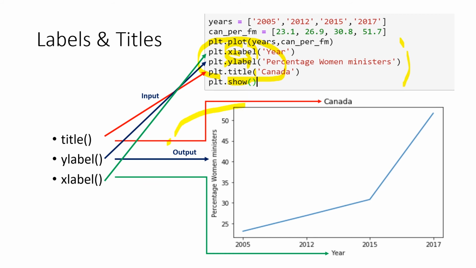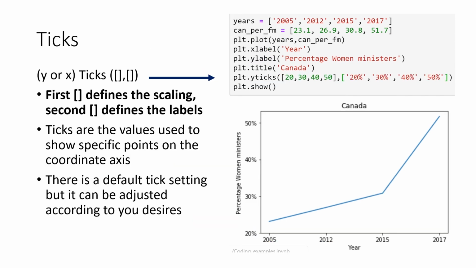And you can see here that it's easily visualized on our graph and makes the whole thing look much more professional. In the end, we can also use ticks, and ticks is nothing else than, let's say, the scaling of our X or Y axes.